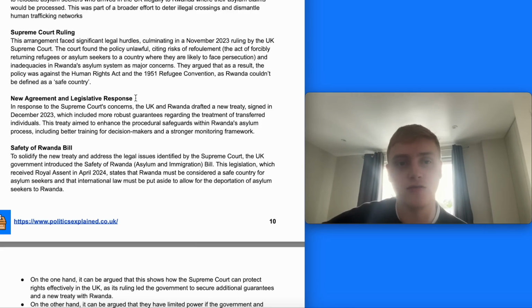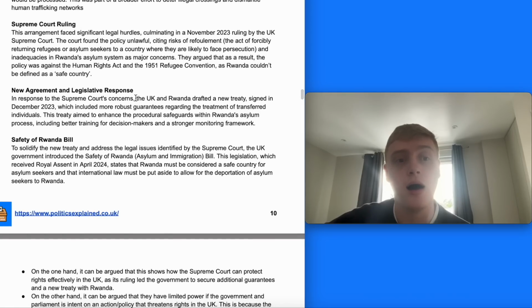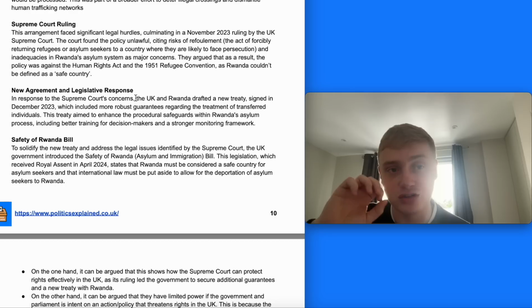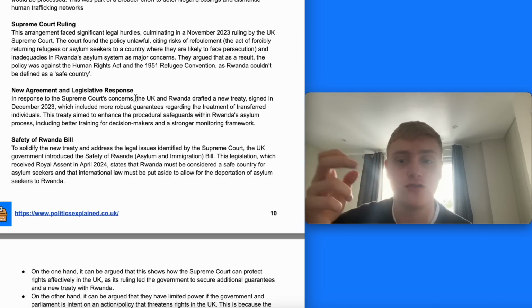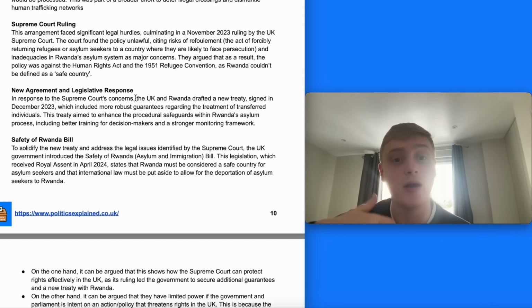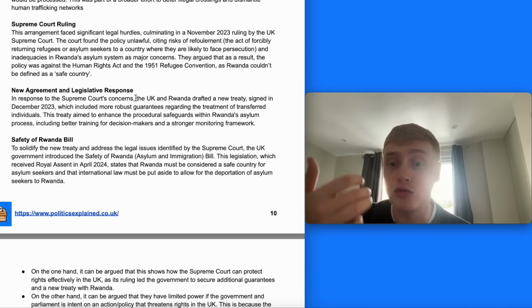There are lots of different reasons, but they judged that Rwanda's asylum system was very inadequate, and as a result there were big risks of refoulement, and it wasn't a safe country under international law, and therefore it went against the UK's human rights obligations.